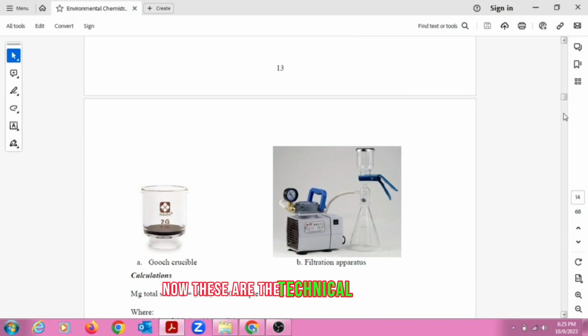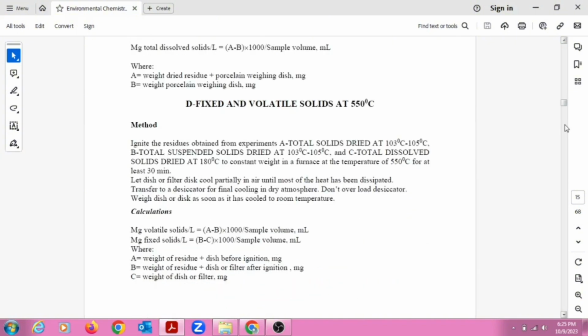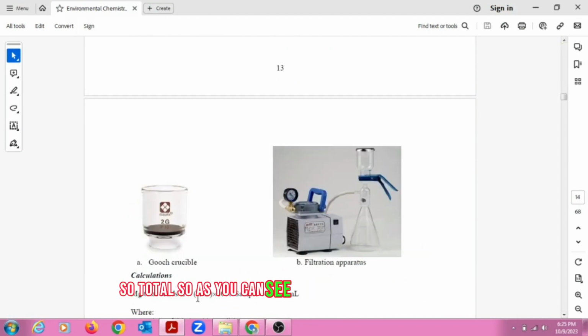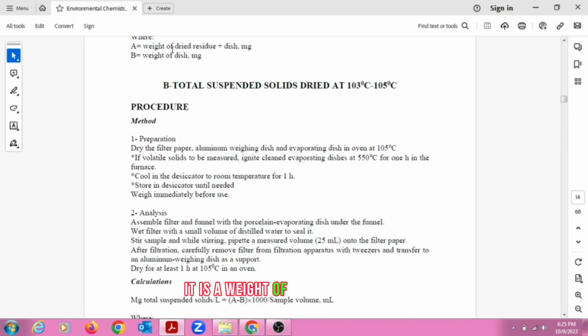These are the theoretical discussions I told you earlier. If we show you a live demonstration in the lab, it will make things clearer. Now let's see the formula for total solids. Total solids is A minus B, where A is the weight of dried residue plus dish, and B is the weight of the dish.